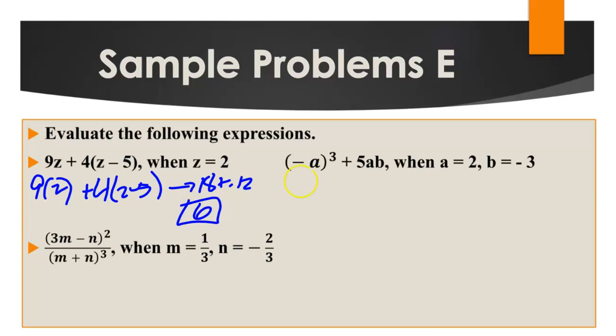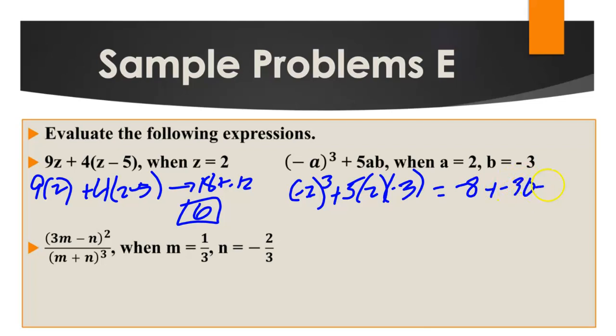Next, I have negative a, which would be negative 2 cubed plus 5 times 2 times negative 3, which is going to give us negative 8 plus 5 times 2 is 10 times negative 3 is negative 30. And this is going to give us negative 38.